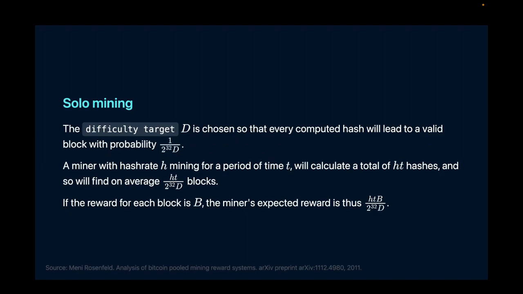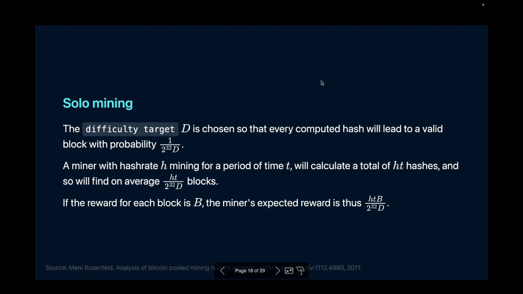So let's try to model this with some formulas. If we say the difficulty target is D, then this value D is chosen so that every computed hash will lead to a valid block with a probability of 1 divided by 2 to the power of 32 multiplied by D. Basically this formula here.